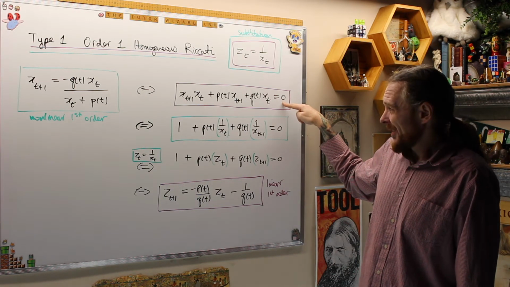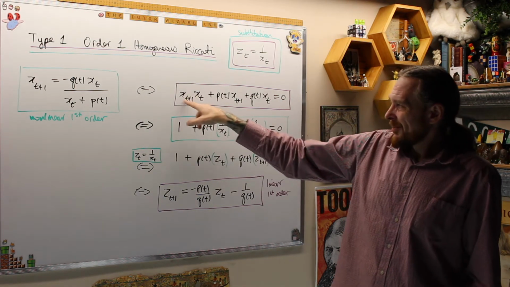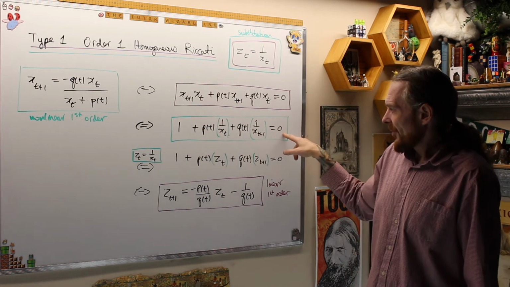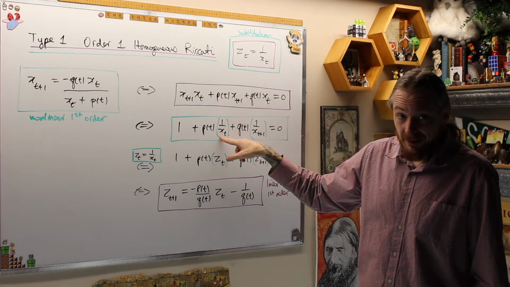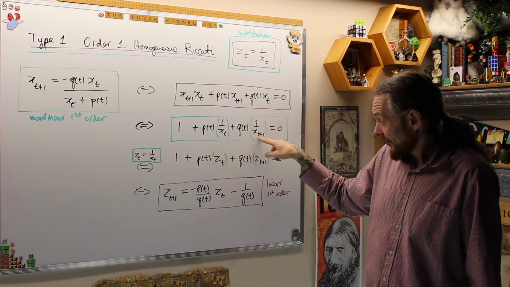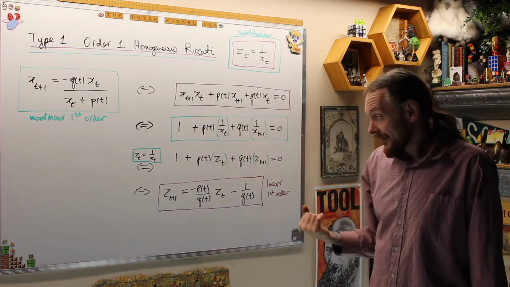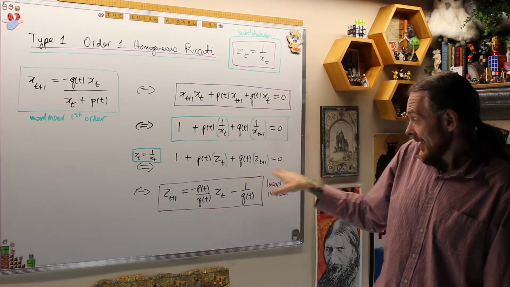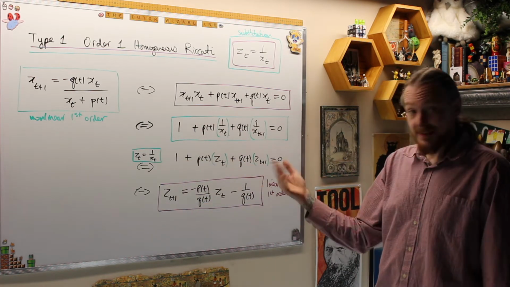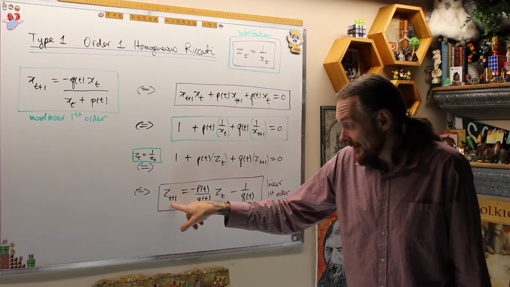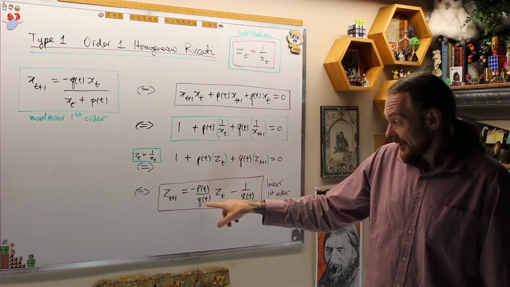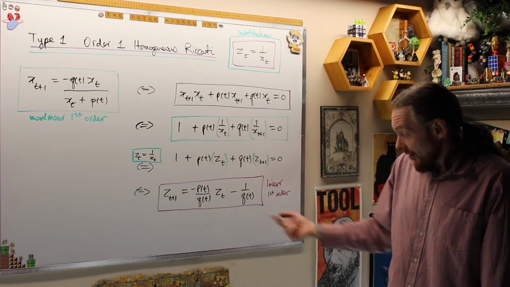Then we divide by x_{t+1} x_t, and we get this form, and then we can see what Riccati's seeing, hopefully: that we have a 1 over x_t and a 1 over x_{t+1}. So if I just made that z, then I would have linear in z. So we write it like this, and we notice now, to nail it on the head, if I simplify and move everything over, this is z_{t+1} equals negative p over q of t times z_t minus 1 over q of t.